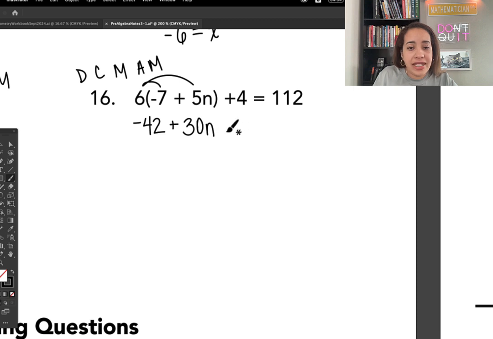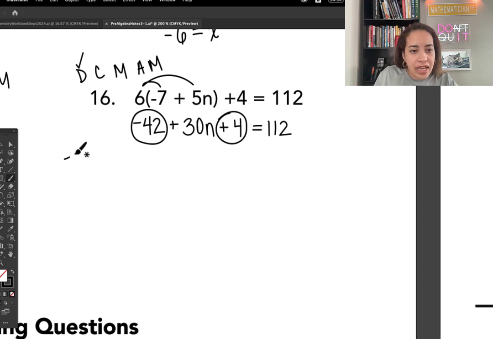I'm going to copy down everything next to it, so plus 4 equals 112. I have just distributed, so next up I need to combine like terms. Looking on the left side of the equal sign, I do see two pieces that we can combine. We can combine negative 42 and our positive 4. Those look alike because they're just regular numbers.